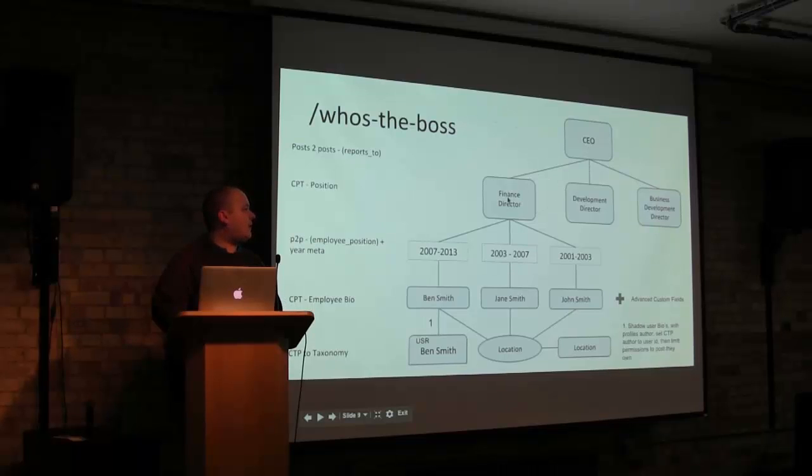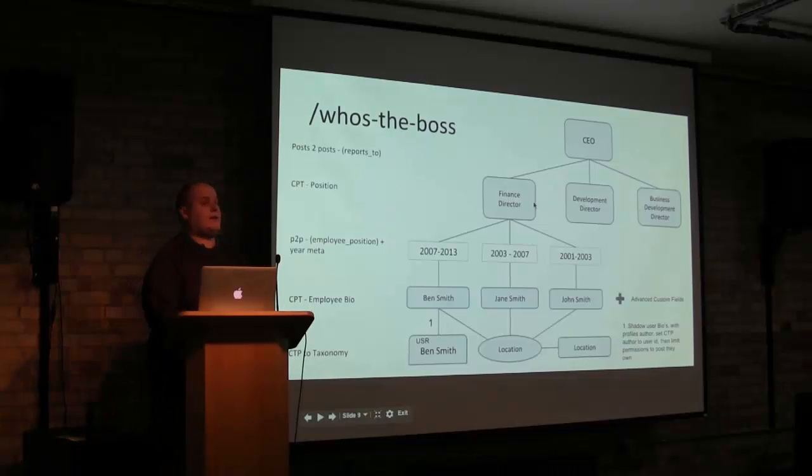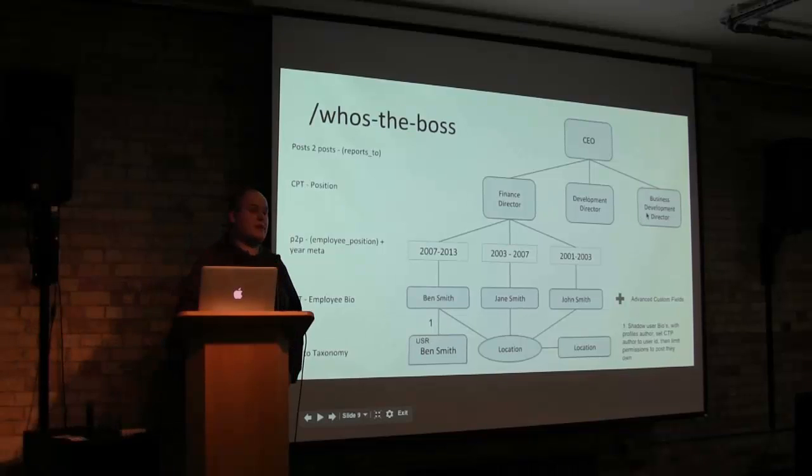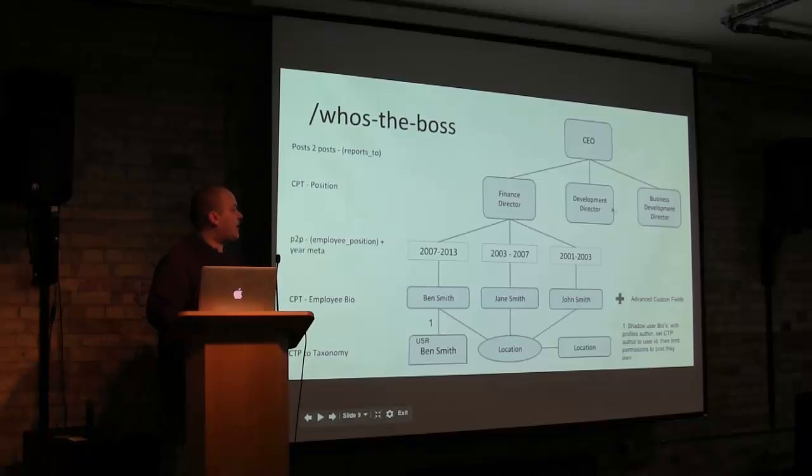But the business development director may also report to the finance director, and straight away post parent falls apart. Whereas with post to post, I can link them straight across to the finance director and go from there. So when I'm building the front end, I can say, okay, show all relationships, and we can show all relationships.